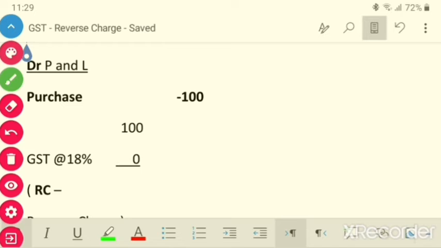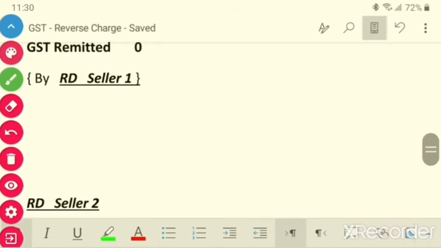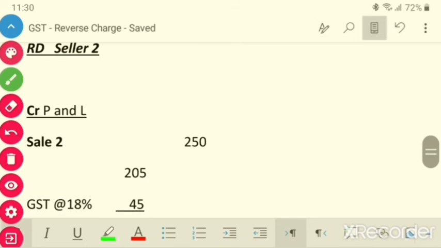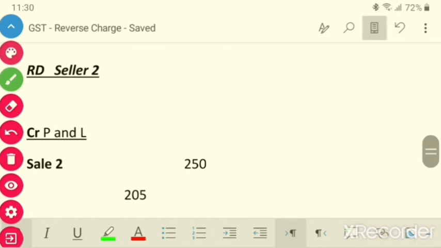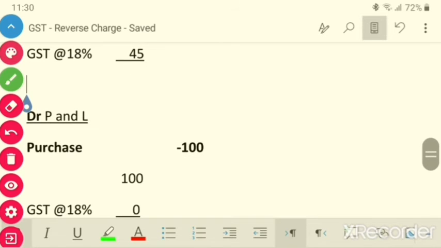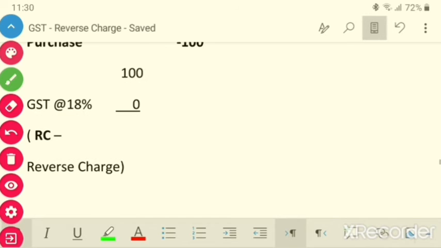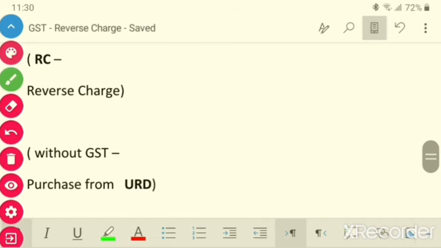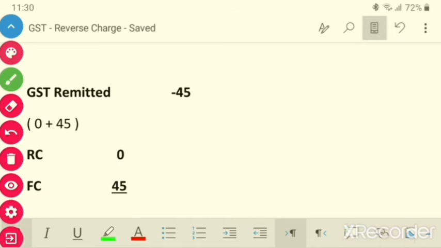What happens if? So, first, stage 1 seller is an unregistered dealer. So he will sell at 100 without tax, without GST. Now we are looking at stage 2 seller: revenue received, that is sale value, is 250 with GST, purchase is 100 without tax. There is no reverse charge also. Purchase is 100 without GST, purchase from unregistered dealer. Now GST remitted to the government in one single shot is 45, that is forward charge.